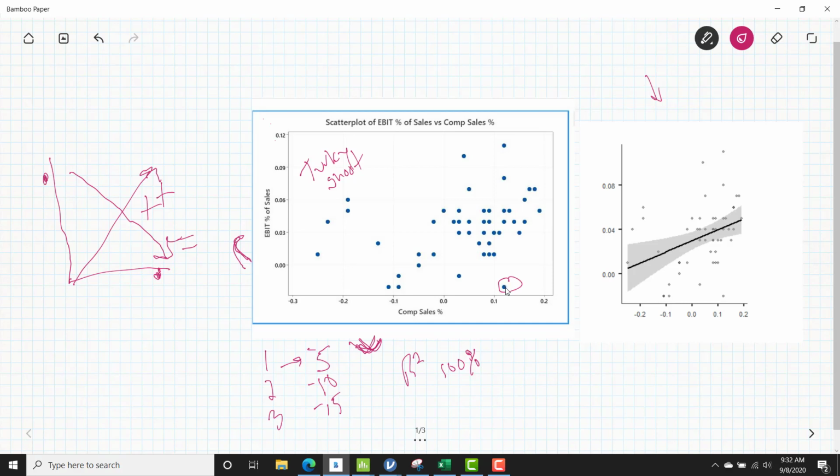I mean, look at this company right here. This store grew sales by almost 11%, and they had a negative profit. This store right here had negative sales growth and had almost 5% profitability, okay? So this says that something else besides sales is driving profit.